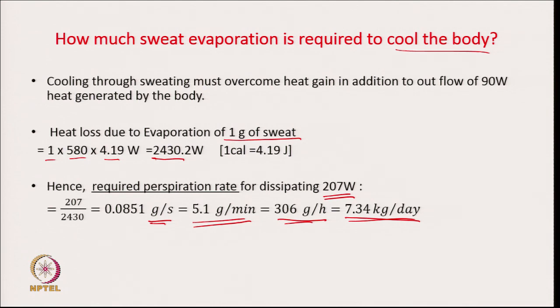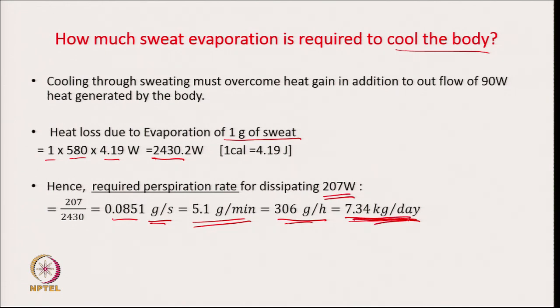If I convert into minute, it becomes 5.1, into hour 306 gram per hour, and per day 7.34 kg per day, and this value is much more than the human capability to generate sweat. Per day, as we have seen earlier, it is around 3.4 kg maximum.